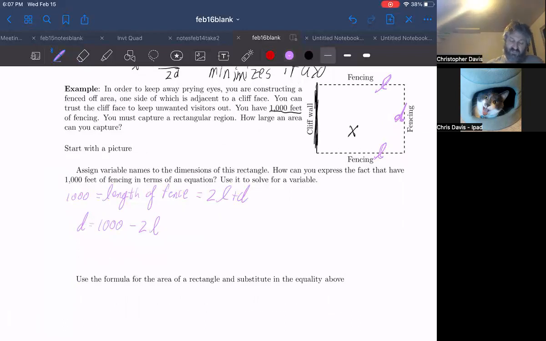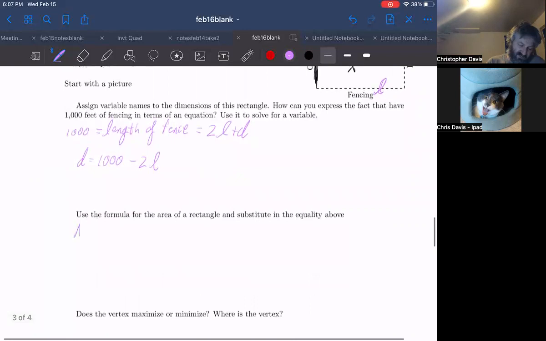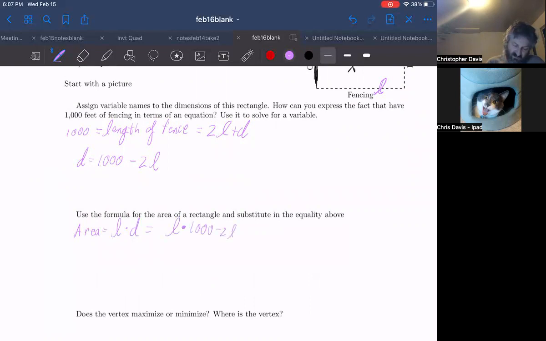So let's use the area formula. The area of this rectangle is length times depth, but I have a formula for depth, so that's L times (1,000 minus 2L), parentheses are important, equals negative 2L squared plus 1,000L. And I want to maximize this.